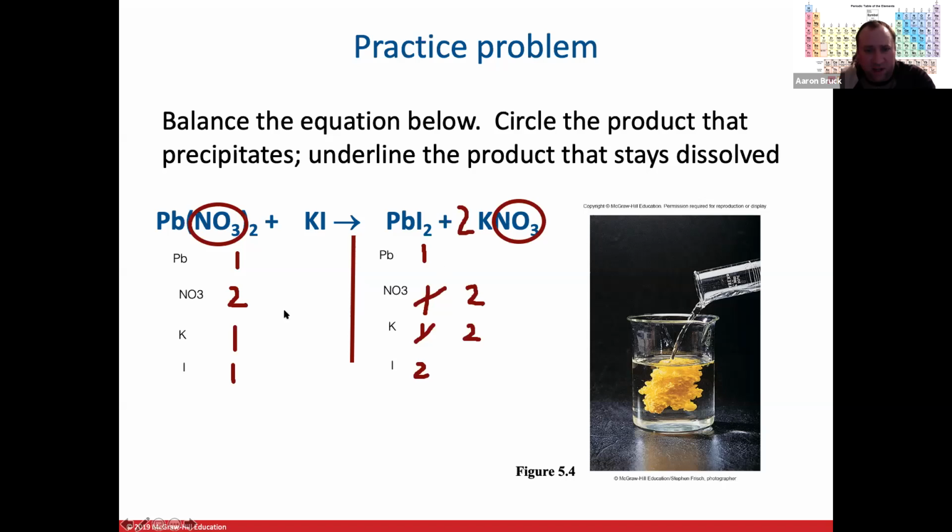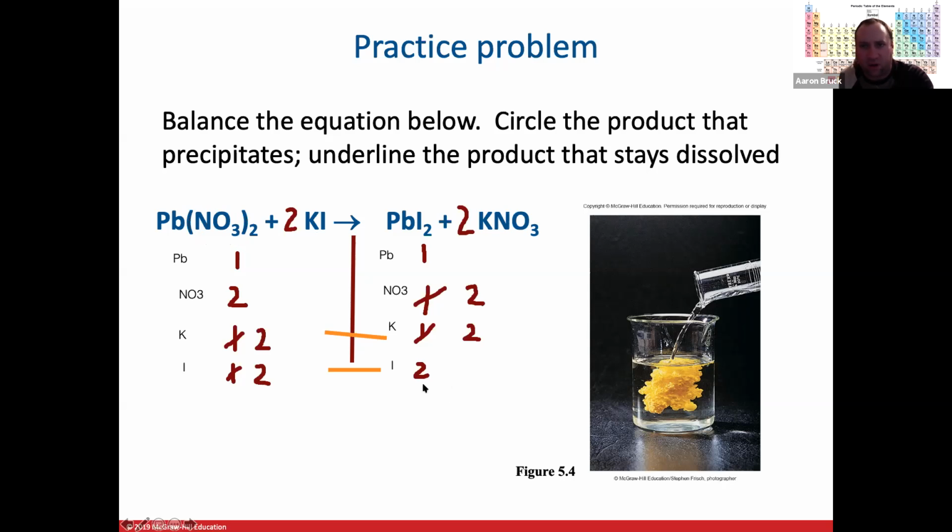I end up in a scenario where I've got 2 different elements out of balance by the same amount, and they happen to be in the same compound on the other side. So a 2 here takes care of the potassium, takes care of the iodide, and now we're all balanced out. So I've got my balanced chemical equation now.